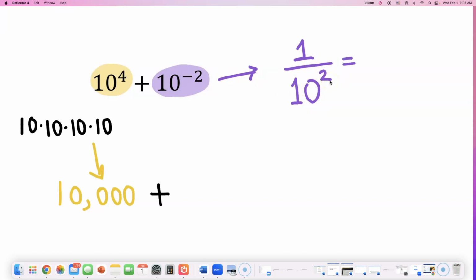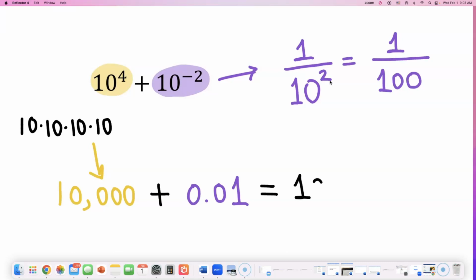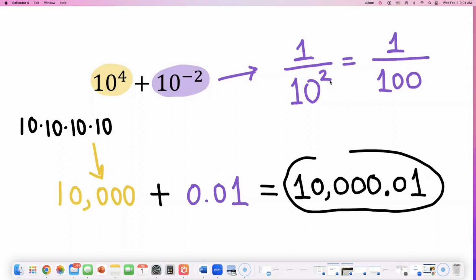So this is 1 over 10 squared, which is 100. And in decimal, 1 over 100 is 0.01. So your final answer will be 10,000 plus 0.01. And if you add those together, you will get 10,000.01. So that's going to be the final answer for this problem.